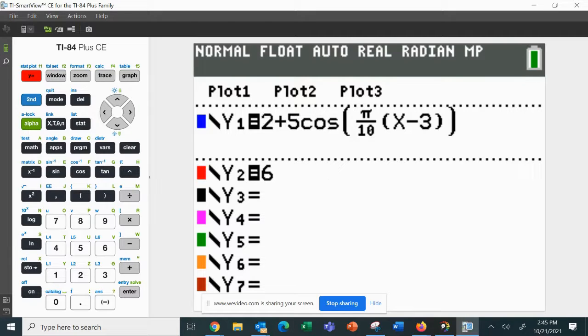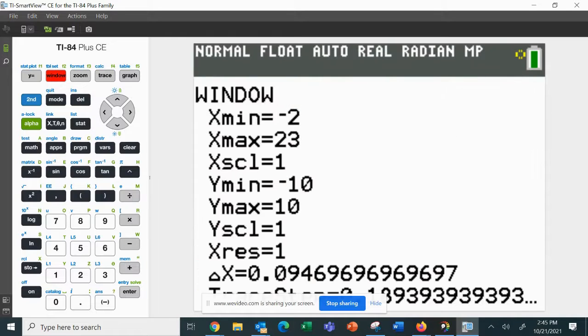So go to your window and change your X window so that it will show all of the answers that we got. I made my window go from -2 to 23. It doesn't have to be exactly the same as mine, but make sure your window shows all of them or you're not going to be able to find them all.